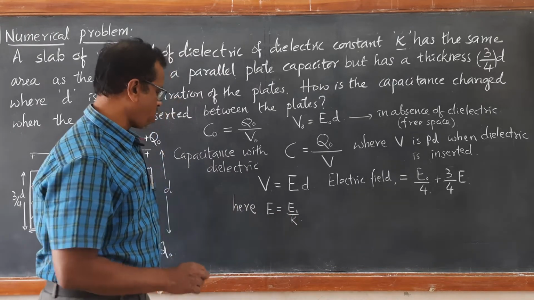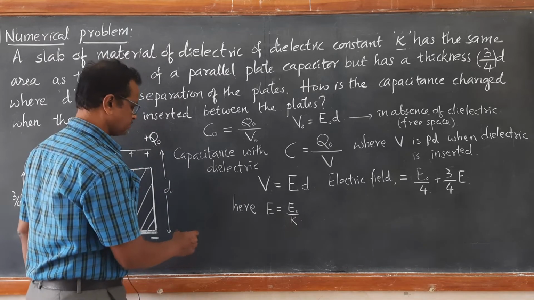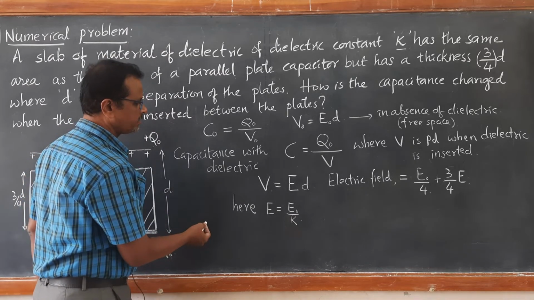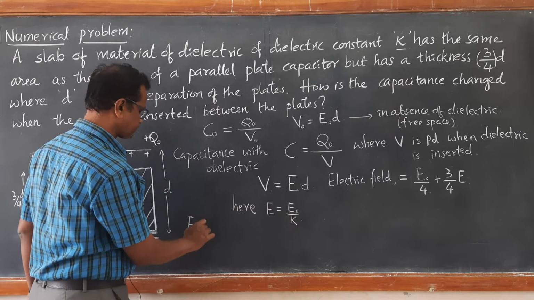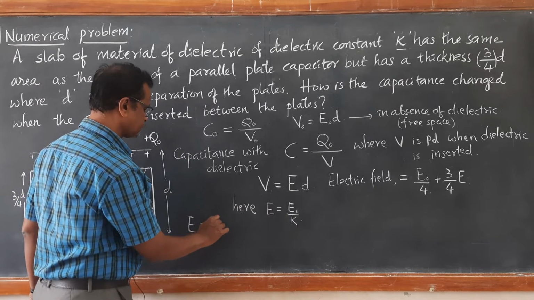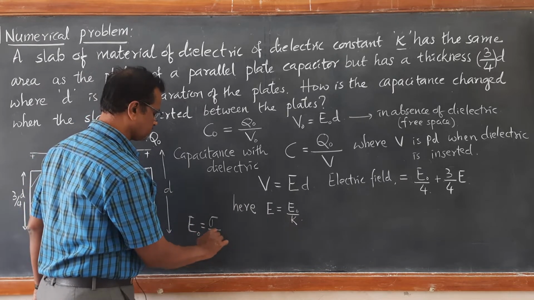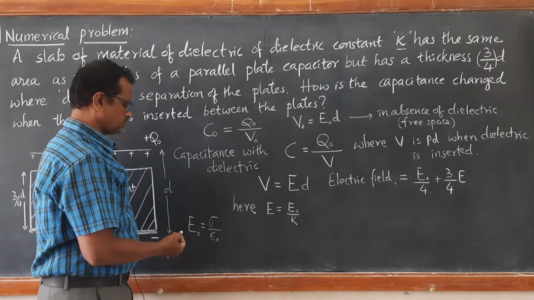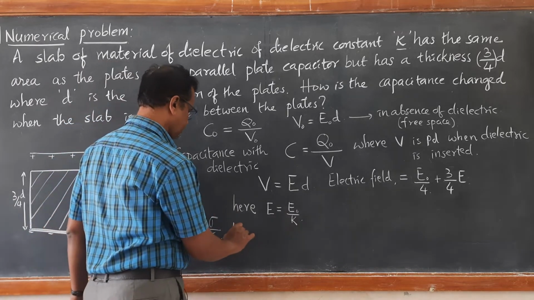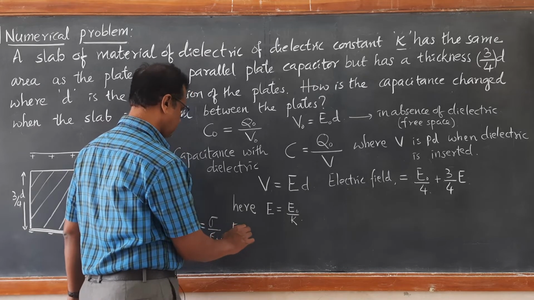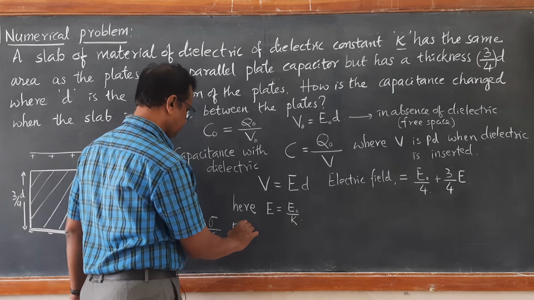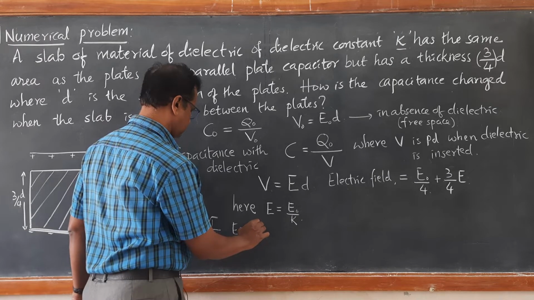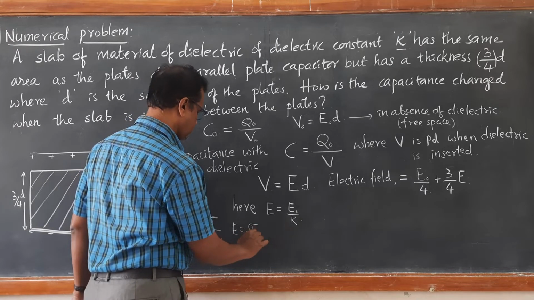How is this? For example, E naught is given by sigma upon epsilon naught, as we have seen earlier. So E is given by sigma upon K epsilon naught.